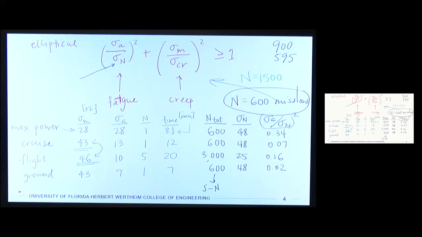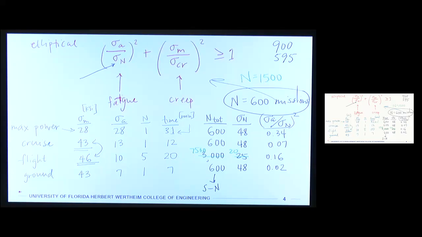And so for this one, instead of 3,000 cycles, we have 7,500, because it's 20 times 1,500, which means that our allowable stress drops from 25 to 20. And this new ratio is, let's do it, 10 divided by 20, that's half squared.